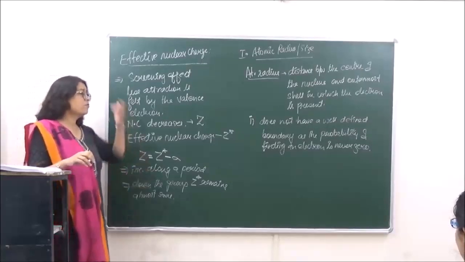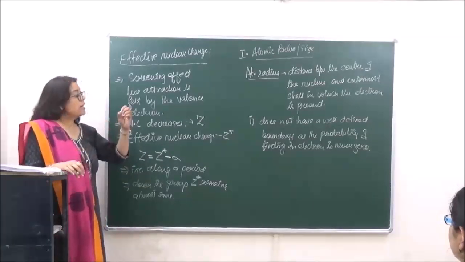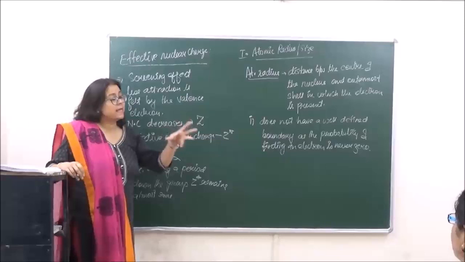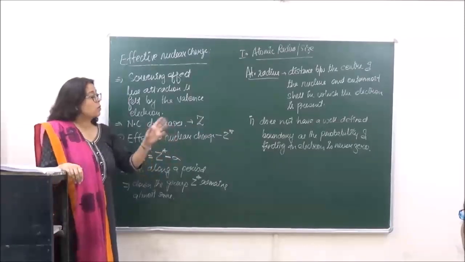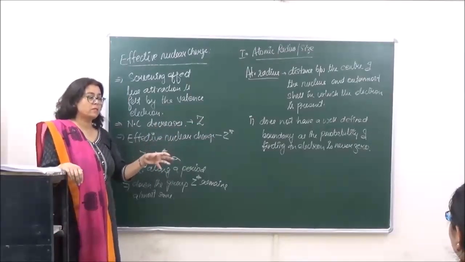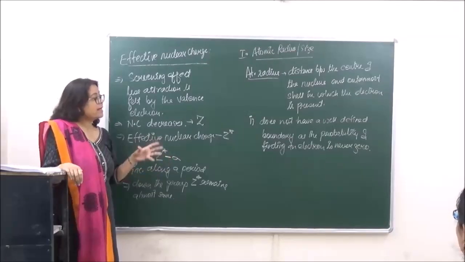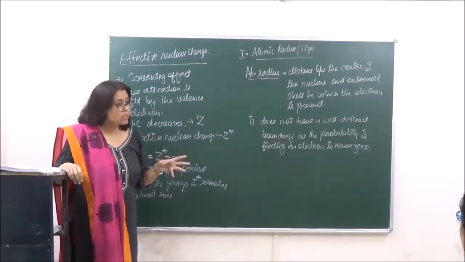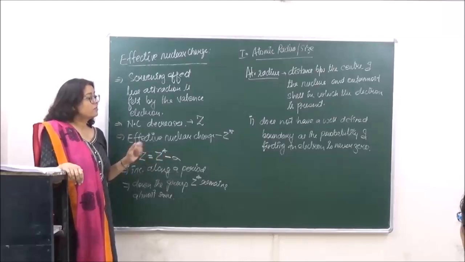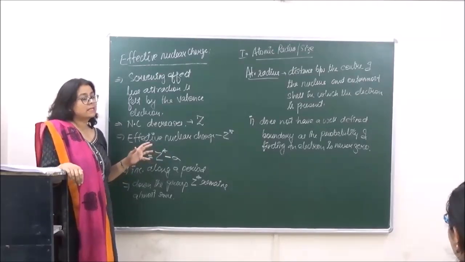So if the probability of finding an electron is not zero, the atomic size extends itself up to that region where the electron is present. So we say that the electron cloud is diffused, as a result of which it becomes very difficult for us to measure the exact size of an atom.